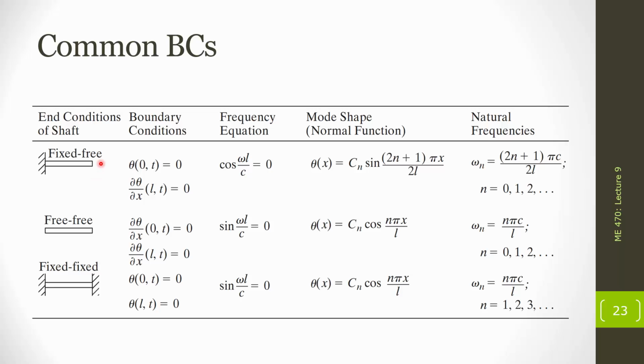So these would be the boundary conditions. Here they're using theta to be what we use as U, the horizontal displacement, and this is from the textbook. So at the fixed end, we know that the deformation or the deflection has to be 0. There cannot be any deflection where it's fixed to the wall. And that's true for all points in time.